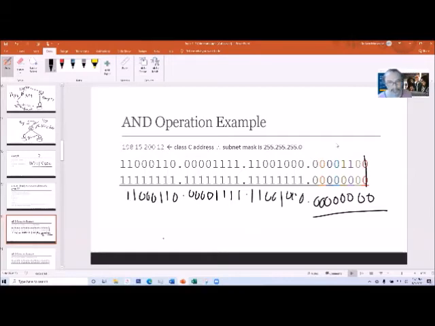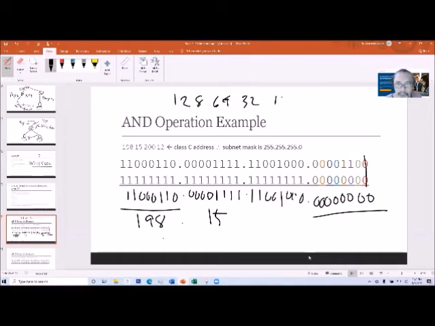If you will notice, we are just bringing down all the numbers from the upper portion because they are ANDed with ones. That means any number ANDed with 1 is the same number. So this is still 198. And if you compute the second octet, it's still 15: 1, 2, 4, 8. So that you may understand: 128, 64, 32, 16, 8, 4, 2, 1.